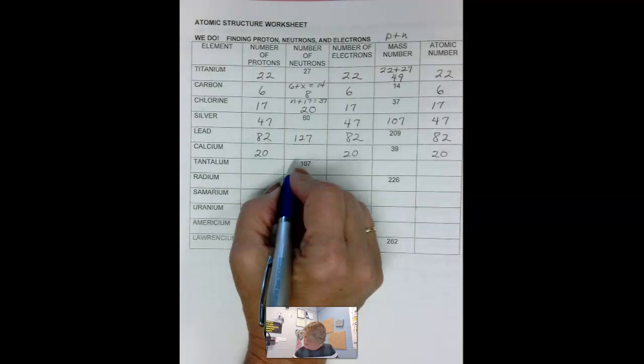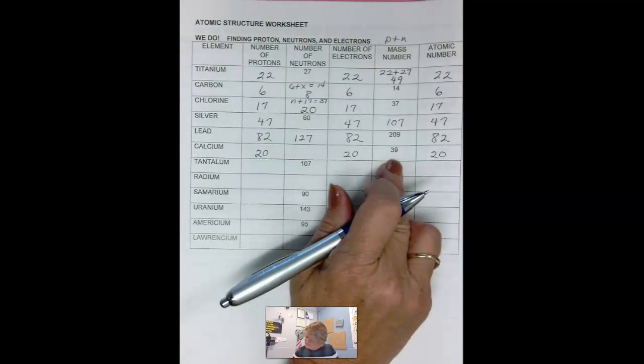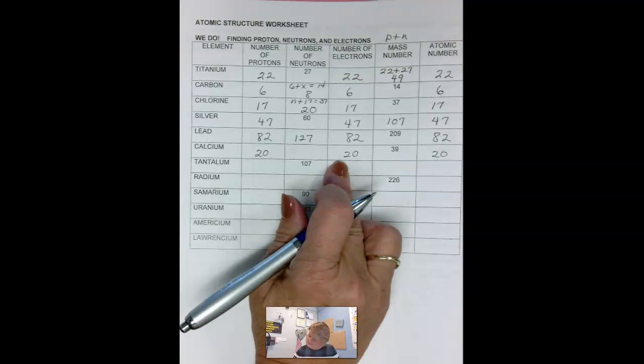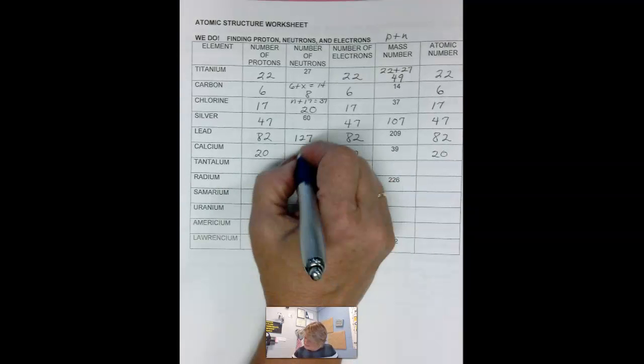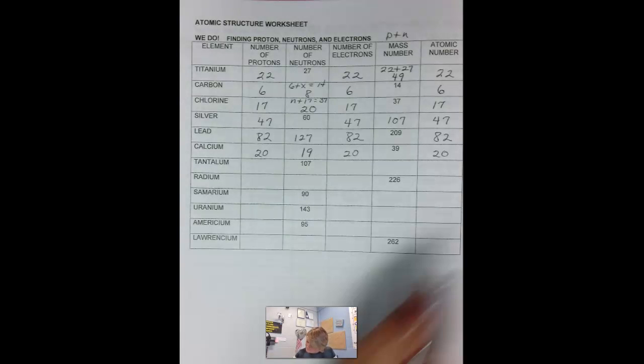Therefore, its neutrons would be, again, subtract mass number minus protons, in this case, 19. Tantalum, I can't say that, is 73 if you're looking for it.